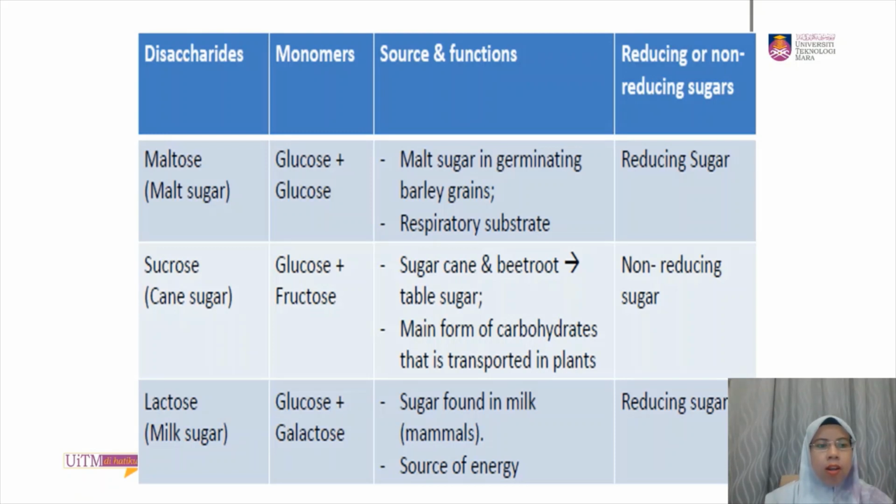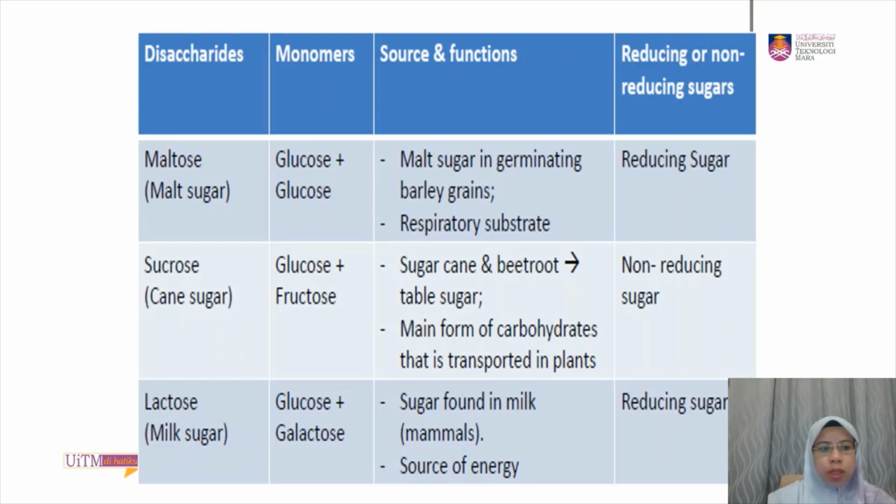Generally all free monosaccharides, which have free aldehyde or hydroxyl ketonic groups, are capable of being oxidized. After being oxidized, they cause the reduction of other substances, and so they are known as reducing sugars.